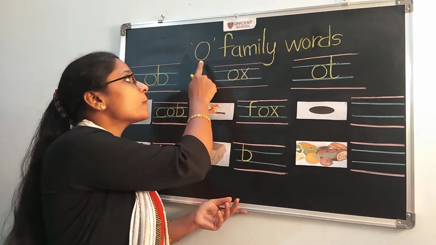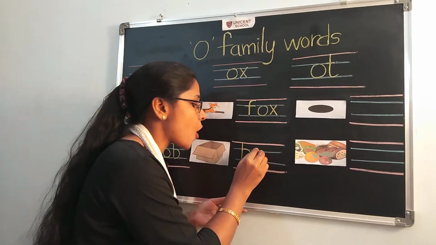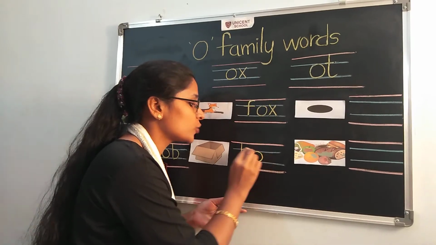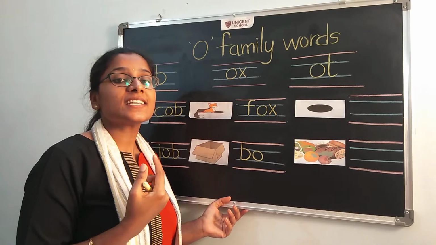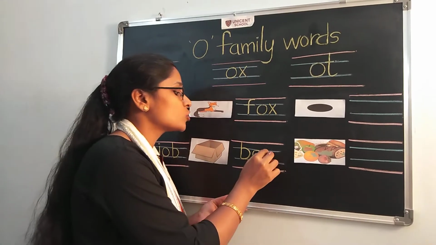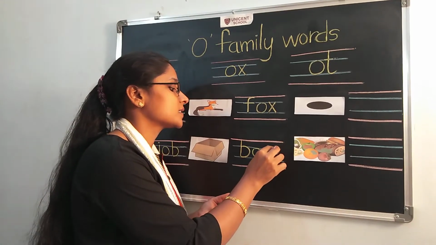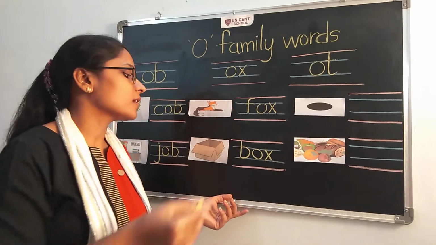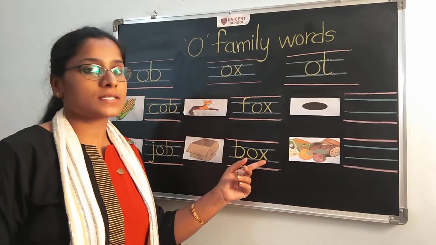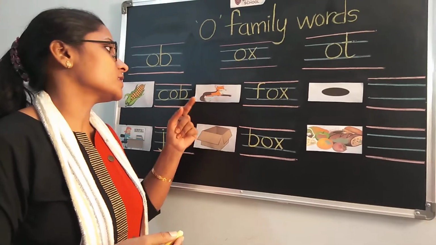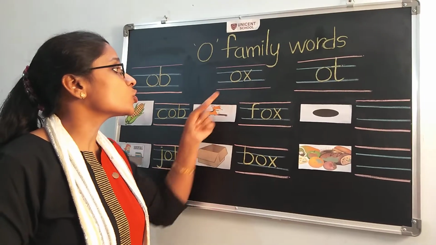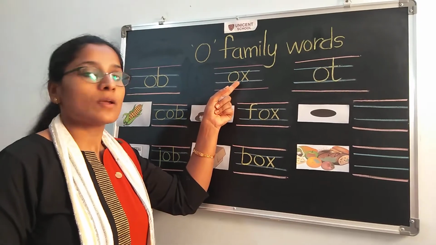O makes the sound O. Next, the ending letter is X. It makes the sound x. Box. Fox, box. These two pictures belong to ox family words.